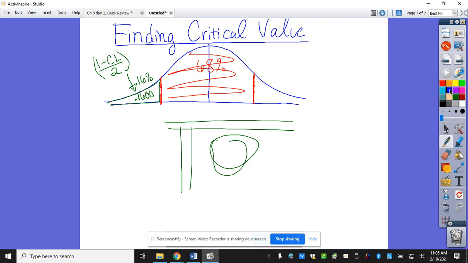And then once I find the closest thing to 0.1600, that's when I follow it out. And what is your closest z-score to 0.1600? Which z-score does it follow out to?